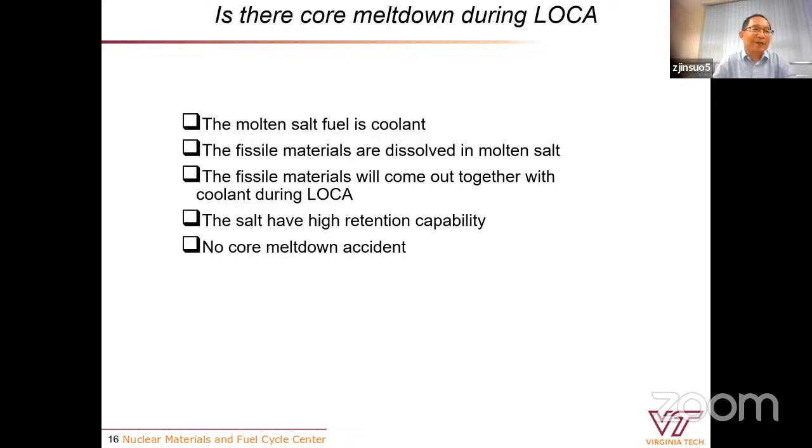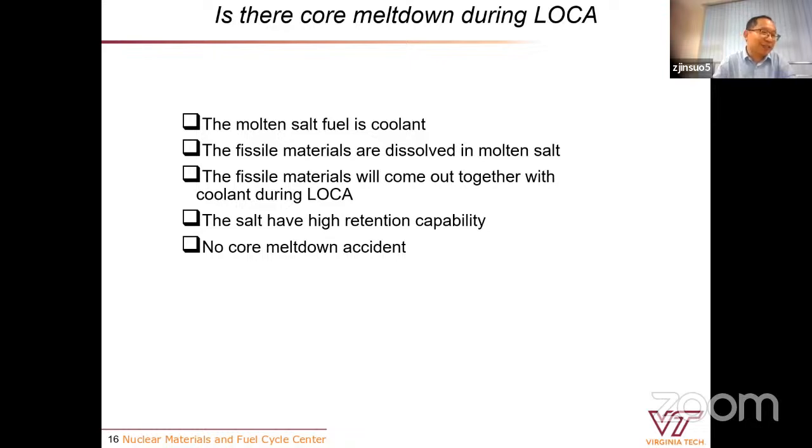So you do not have any accident of core meltdown, because your fuel is actually liquid. And most of the fission materials can dissolve into the molten salt. That means when the salt leaks from your system, it becomes solid. So the fission products are already in that solid. It won't release.